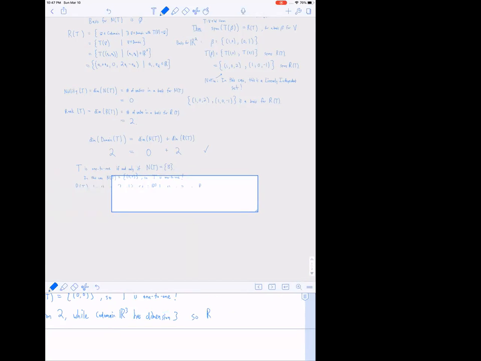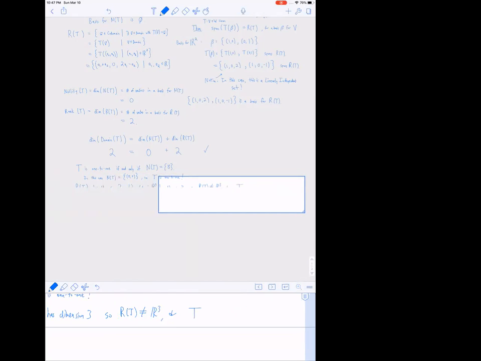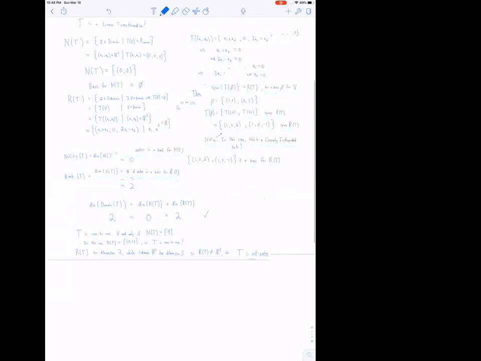So the range of T does not equal R3, and T is not onto. The range of T has dimension 2, while the codomain R3 has dimension 3, so we know that T is not an onto function. So it is 1-to-1, it is not onto.